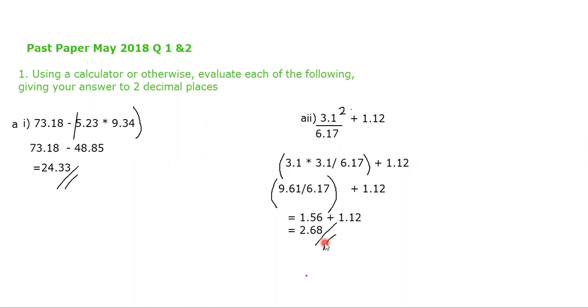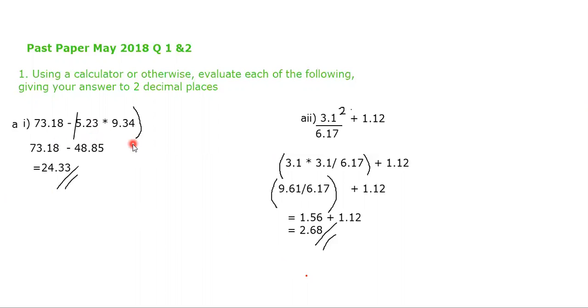Normally, when they ask in the question paper to make the answer into 2 decimal places, I often like to work out the question using 3 or 2 decimal places to make it easier at the end, right? So let me do a quick run through to these 2 questions, and then we can move on to question 1B.